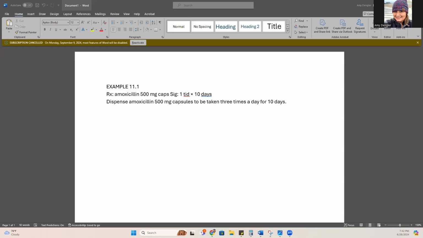All right, example 11.1, we have the prescription amoxicillin 500 milligrams. The SIG is 1 TID for 10 days, and we need to dispense enough capsules to be taken for that time period. So we just need to do simple multiplication.